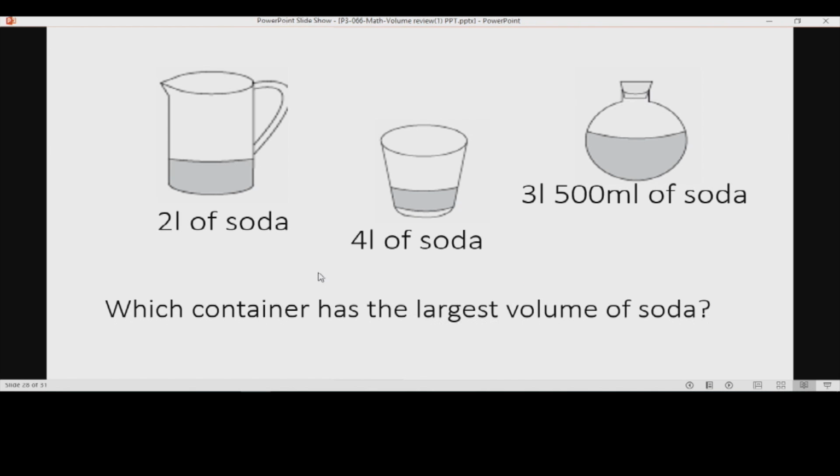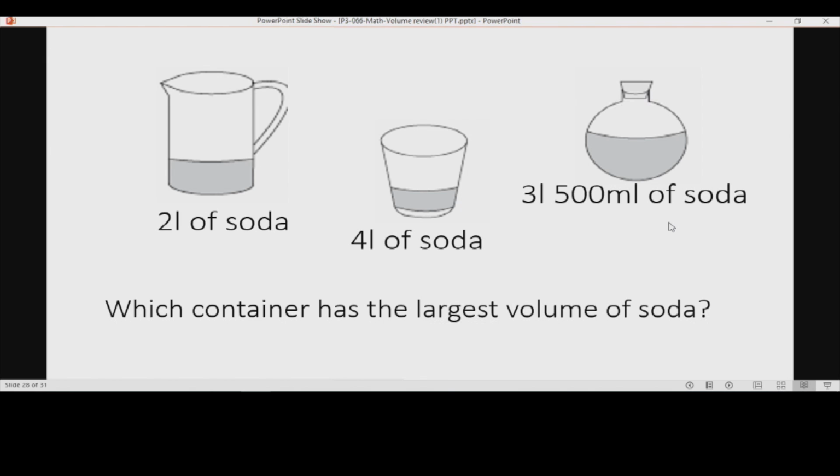Now let's see. How many litres of soda here? 2 litres of soda. How many litres of soda here? 4 litres of soda. How many litres of soda here? 3 litres, 500 milliliters of soda.